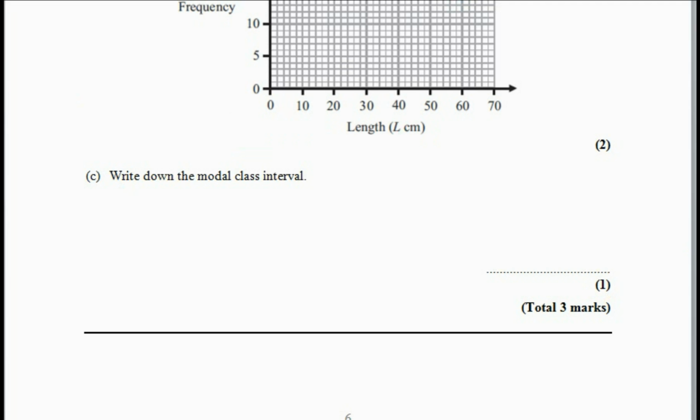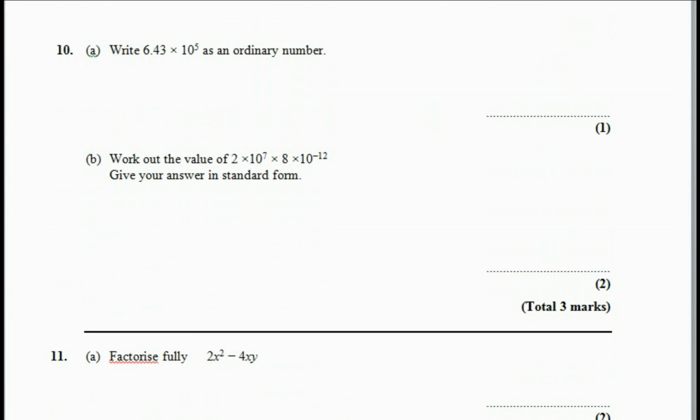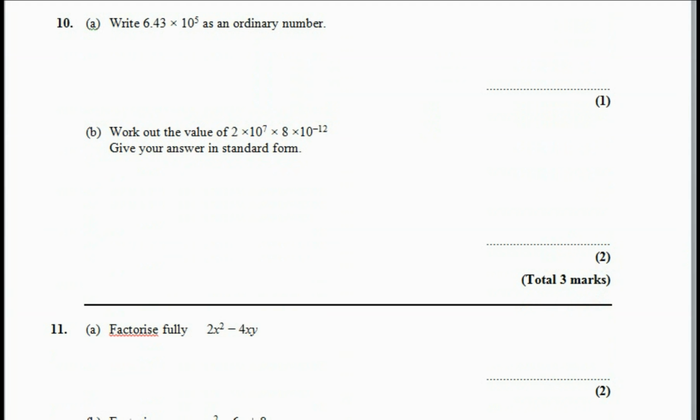Question 10. Question 10 is about standard form numbers. First of all, you should remember that a standard form number is a number written as a product of two types of number.